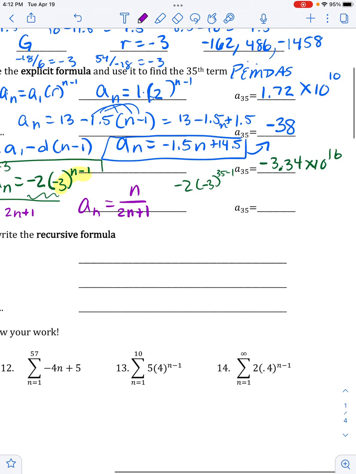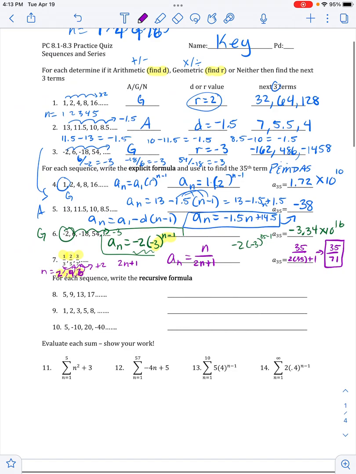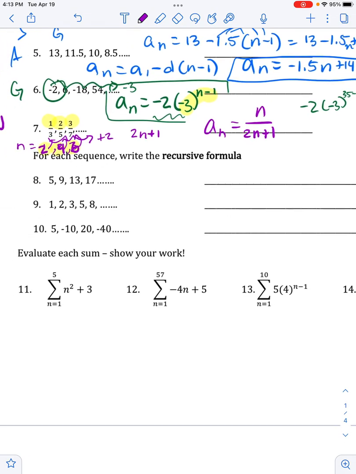So that's my formula. And now to do a 35, I'm going to have 35 over 2 times 35 plus 1. So I end up with 35 over 71. So this is a neither, and that's where you have to really use your brain power.